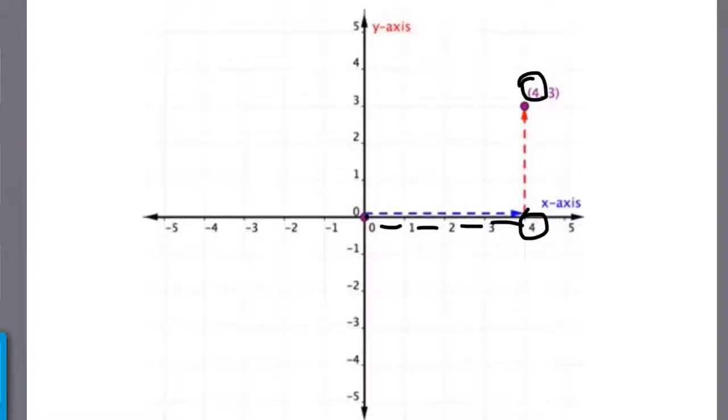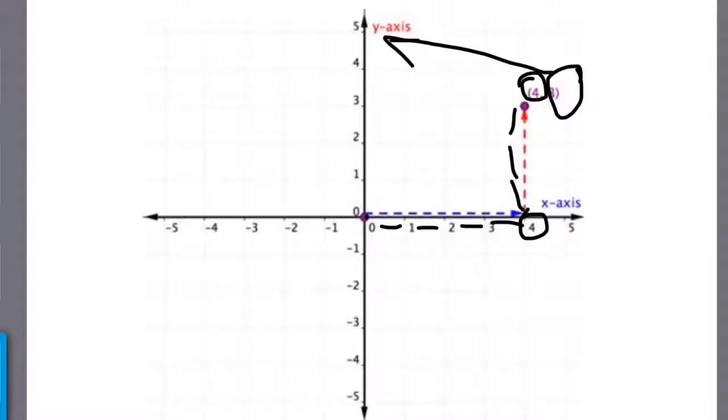Then to continue getting to my point, I have to move up. Right now I'm directly underneath it, but I am not at the point yet. So now I'm going to move up 1, 2, 3. I moved up 3. That is the second number in my ordered pair. That represents your y value.